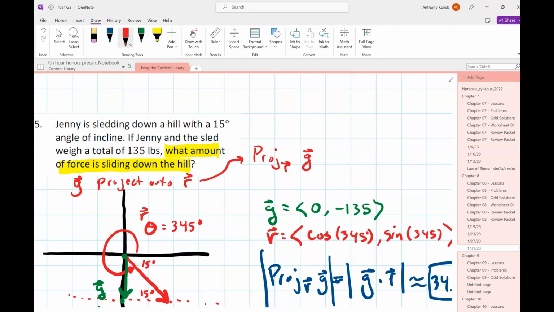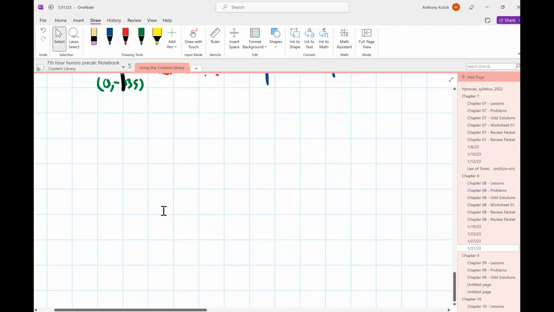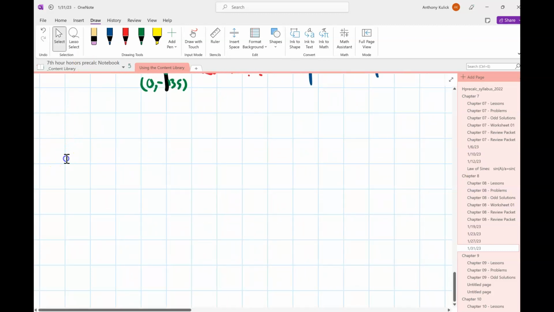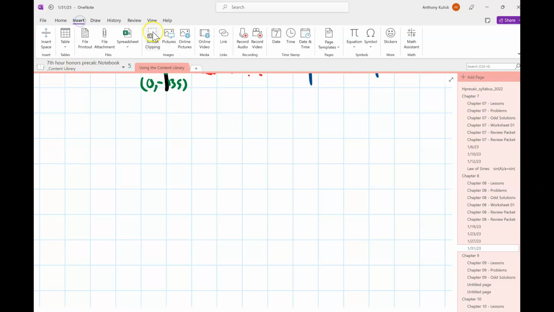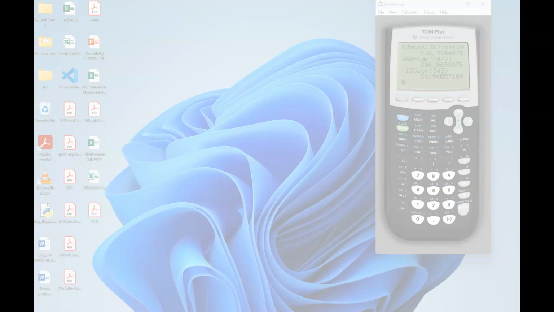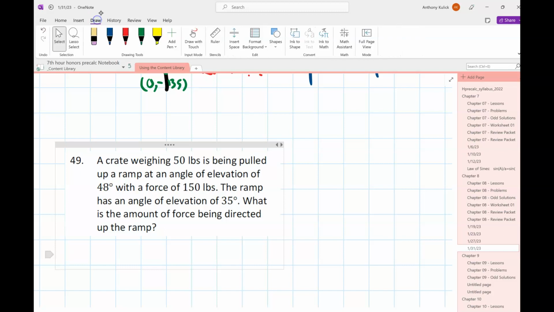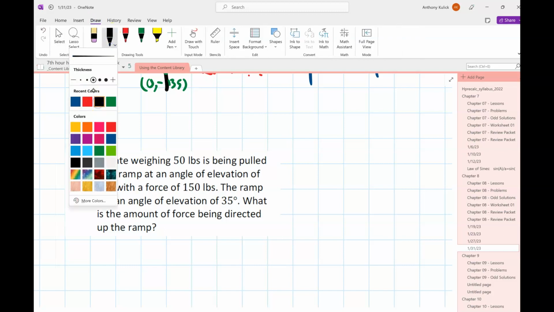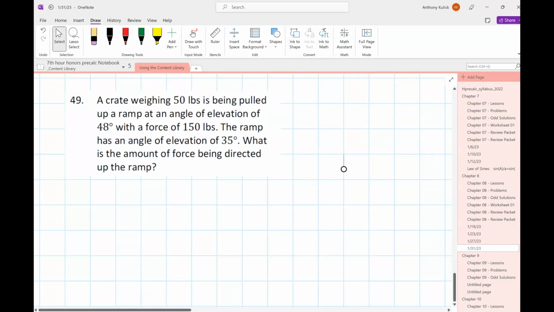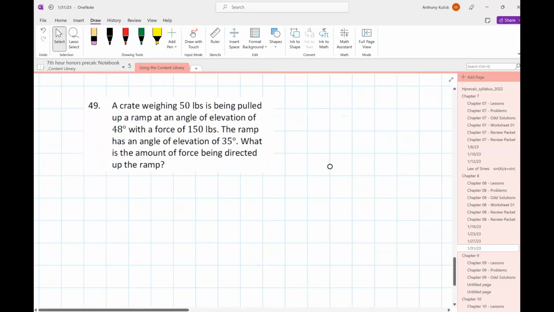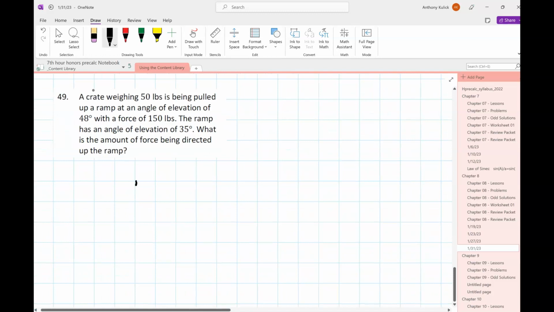Now read like 49 or 50. What's going on there? When you read that, how many vectors do you hear?